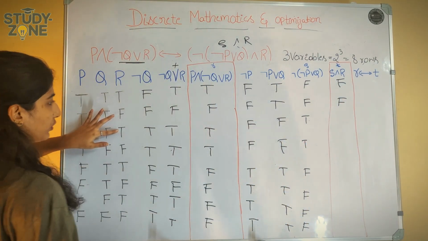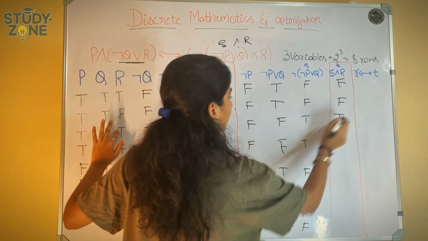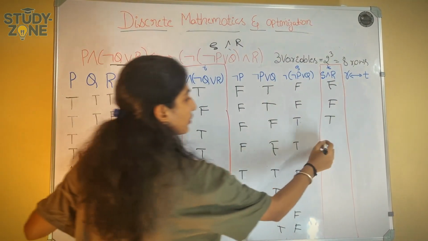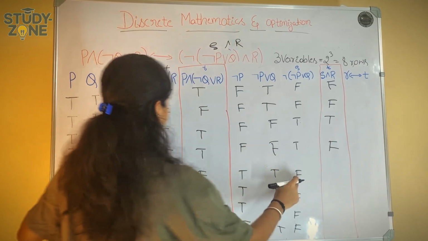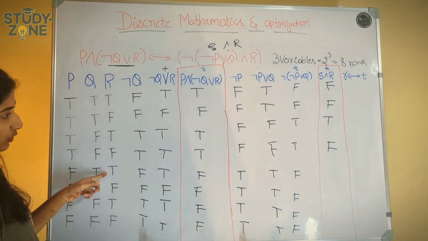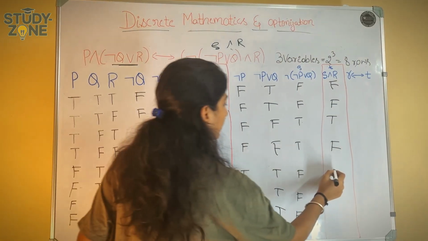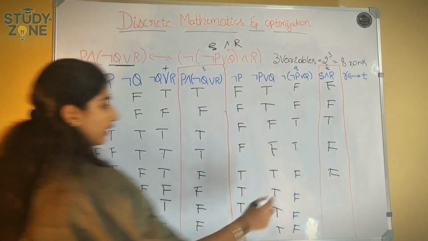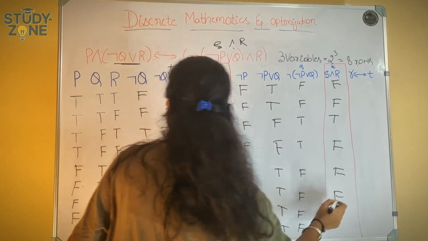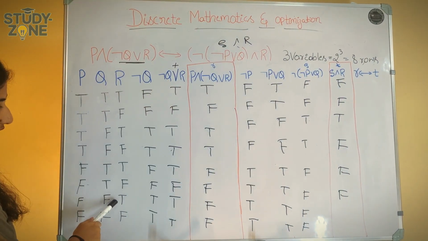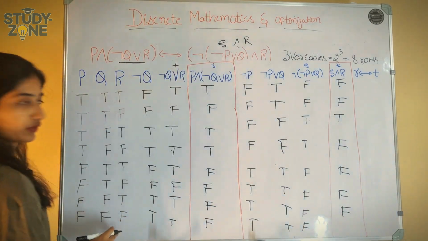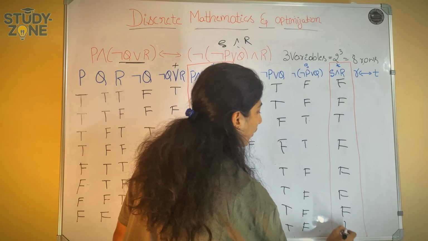True into true, true. True into false, false. True, that is false. False into true, that is false. False into false, false. False into true is false. Again false into false is false.